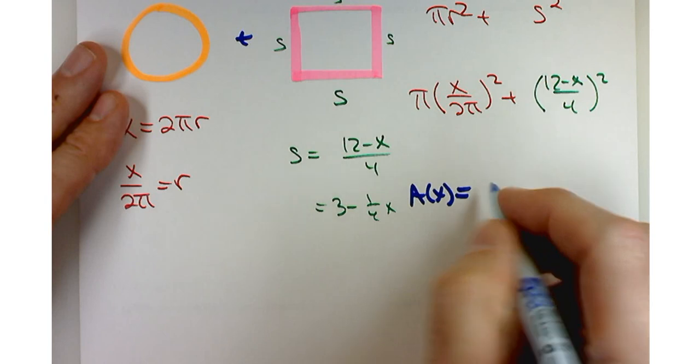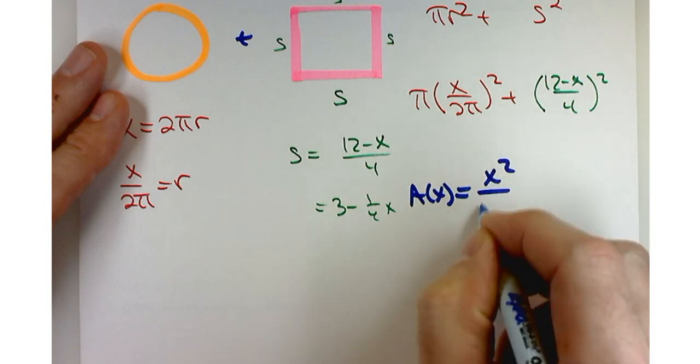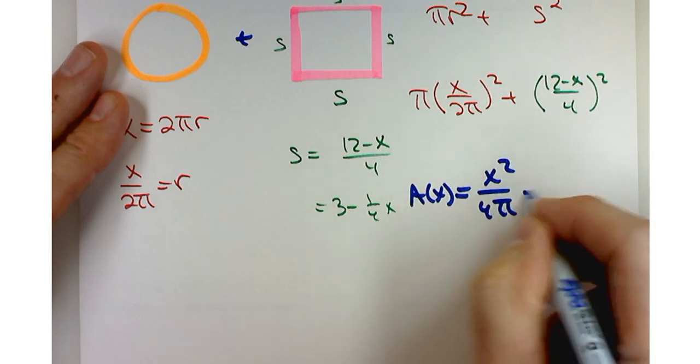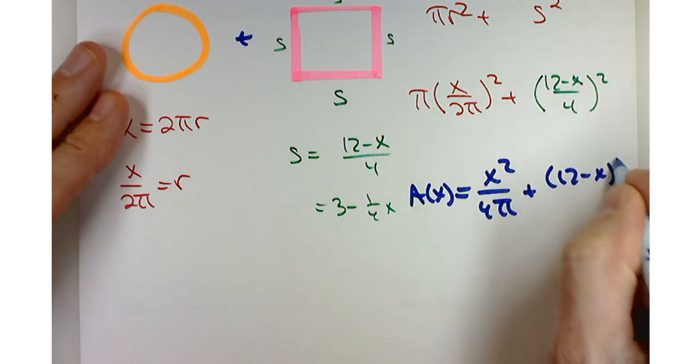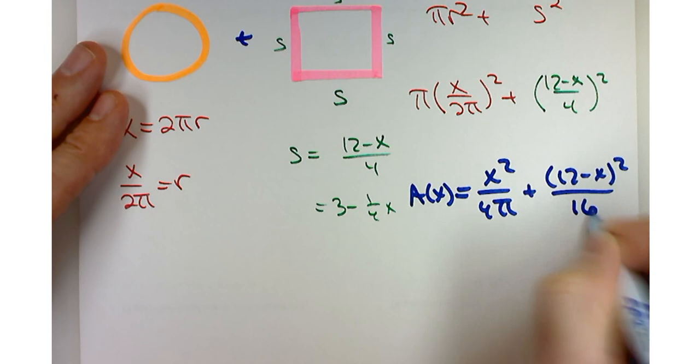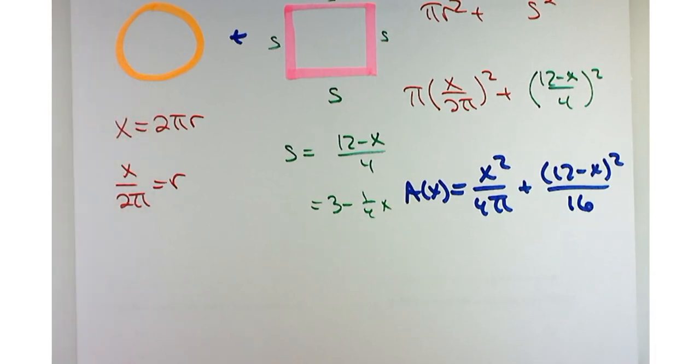So it's going to be x squared over 4 pi plus (12 minus x) squared over 16. So I just squared the numerator and squared the denominator. Again, this one has a little bit of a nuance. It's going to be different than some of our previous ones.